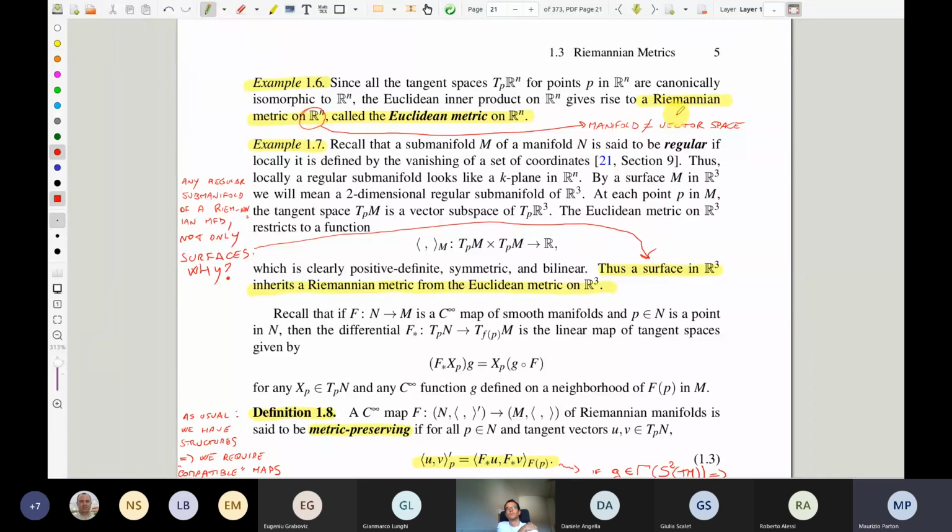When I say the Riemannian metric on Rn, I mean that very same metric, but on every tangent space on Rn. So it is not just one metric, but it's a copy of the same metric translated in every point. This is very important, in my opinion, to think about this distinction.